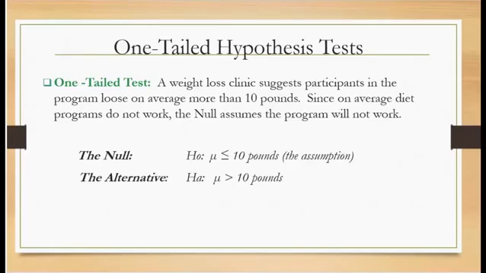So the null assumes that the average weight loss is going to be less than or equal to 10 pounds. That's the assumption. But we are trying to show that our alternative is actually correct, so that our mu will be greater than 10 pounds. So this is a one-tailed hypothesis test because we're interested only in the people that lost more than 10 pounds.